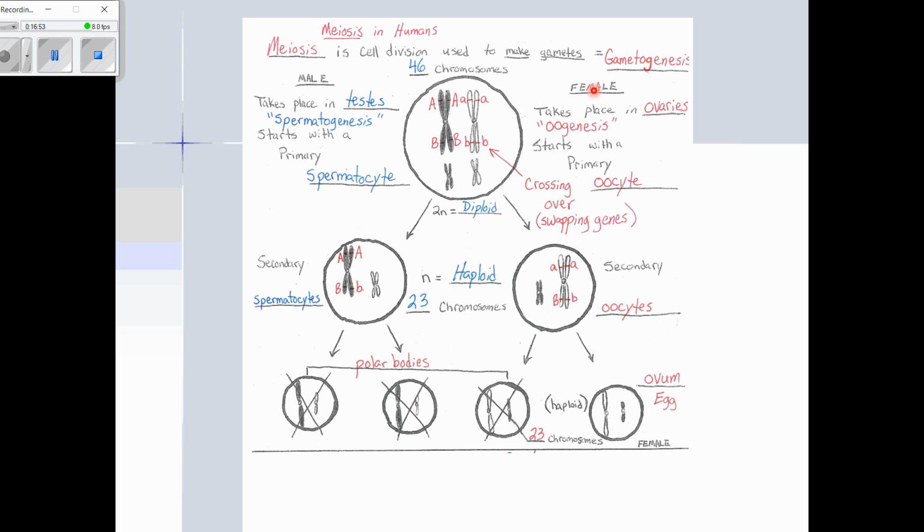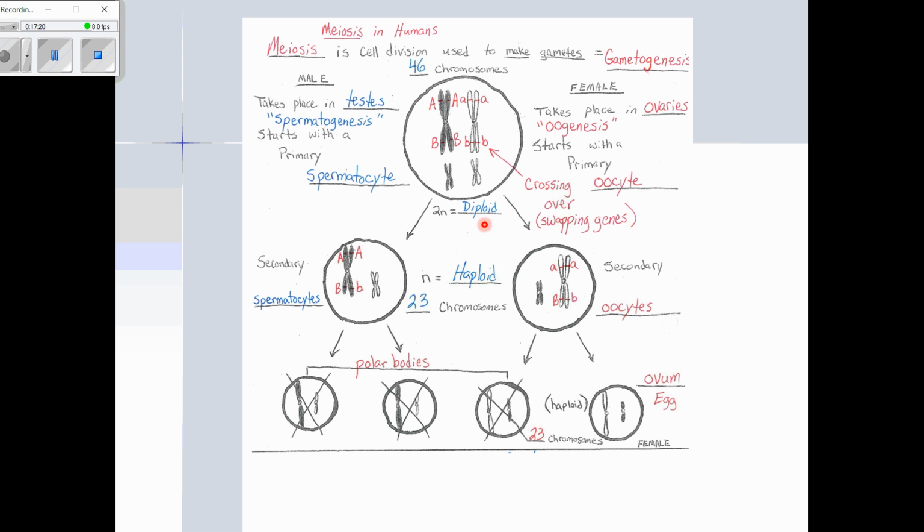And the process is somewhat similar. It's kind of surprisingly similar. The process of making eggs has a lot of similarities with the process of making sperm. In either case, whether we're talking about a cell in the testes or a cell in an ovary, you start out with a single diploid cell.